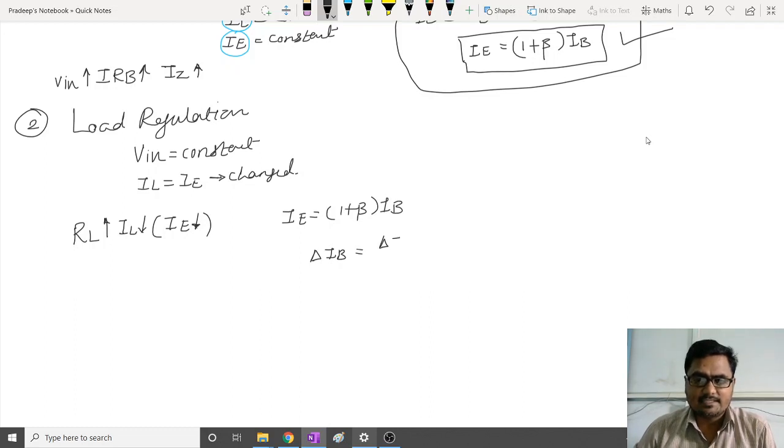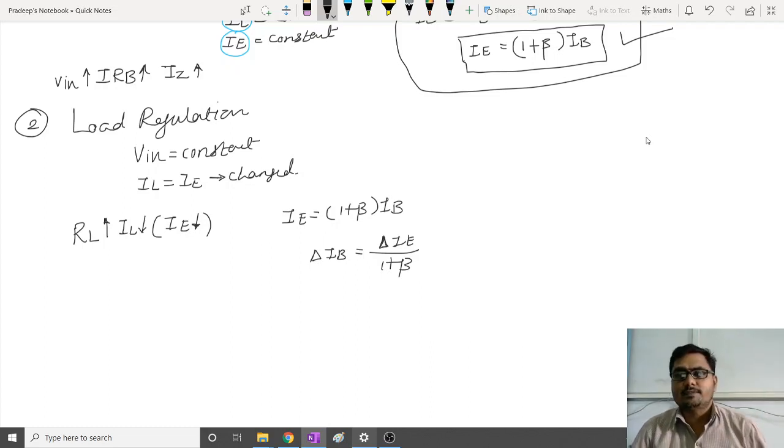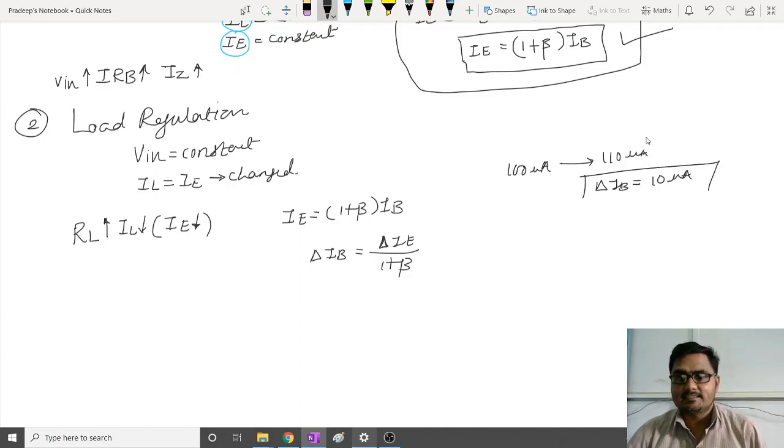It is nothing but change in IE divided by (1 plus beta), is it not? The delta stands for change. How much change? For example, if IB's value is 100 microampere and because of some changes IB becomes 110 microamperes, then delta IB is 10 microamperes. That is what delta means.